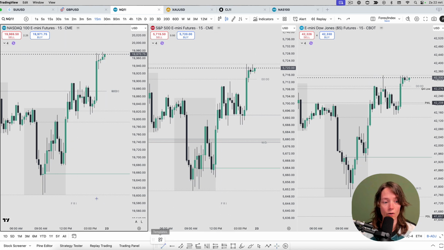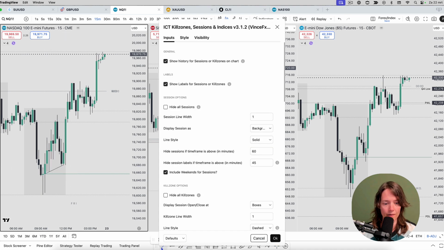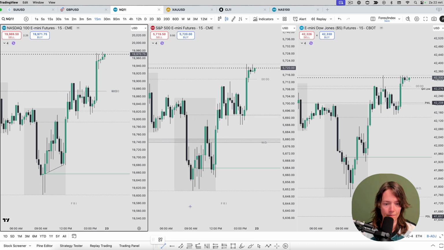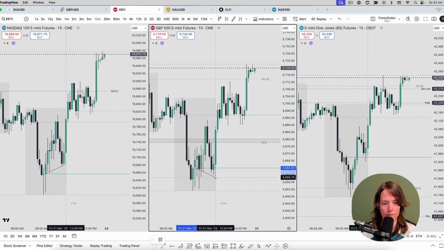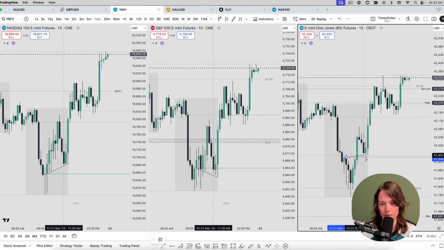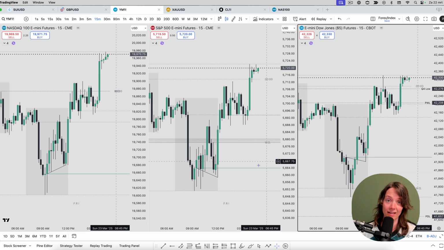If I draw out from the open to the next low that's created, a line from the open to the low, and from the open to the low, we can see that NQ never tapped the opening price again, while ES and the Dow did. This is SMT.